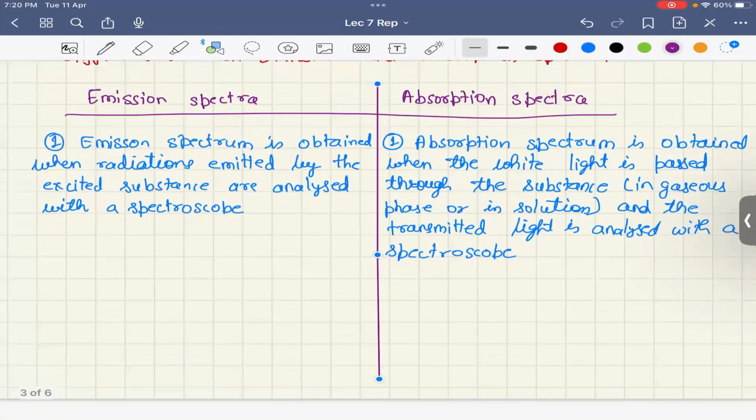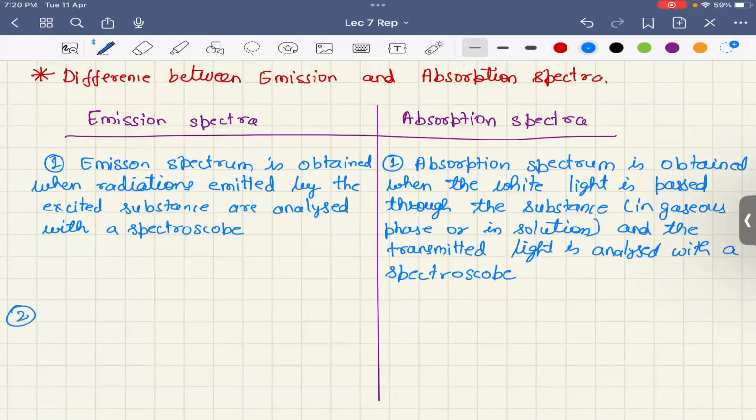The second point is, emission spectrum consists of bright colored lines separated by dark lines, whereas absorption spectrum consists of dark lines in an otherwise continuous spectrum.